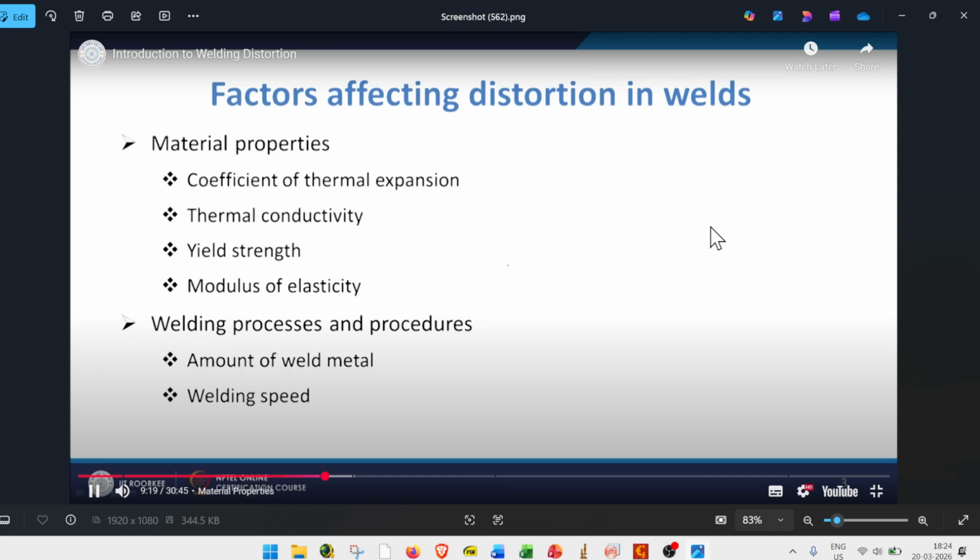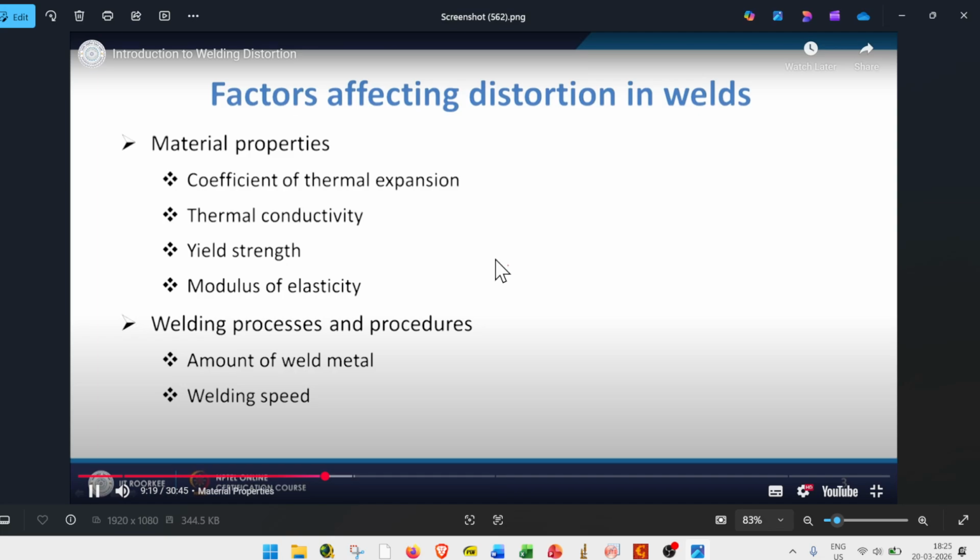Okay. Similarly, thermal conductivity. If thermal conductivity is high, then whatever heat is generated at the welding pool will be immediately dispersed, so when the thermal conductivity increases, the distortion effect will be less. If the thermal conductivity is low, the heat gradient will be much higher, so the deflection will become much higher.